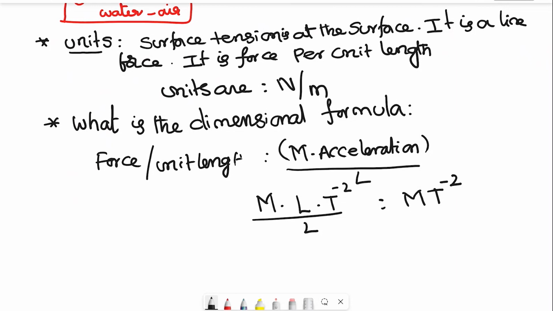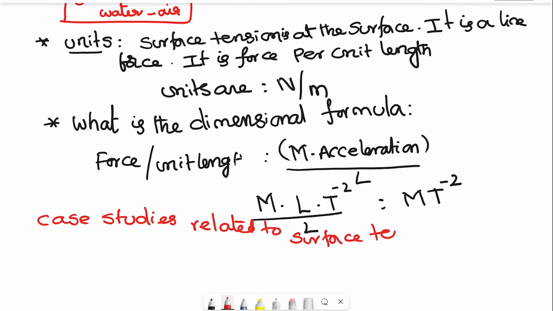So now next, what we normally call the case studies related to surface tension, that we will take up. What are those case studies?